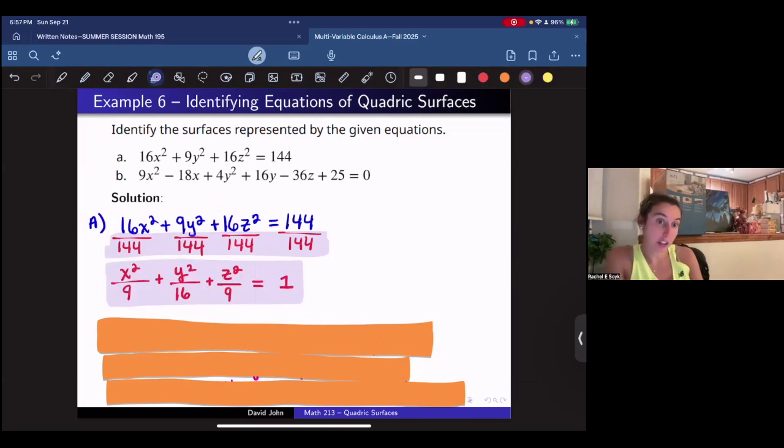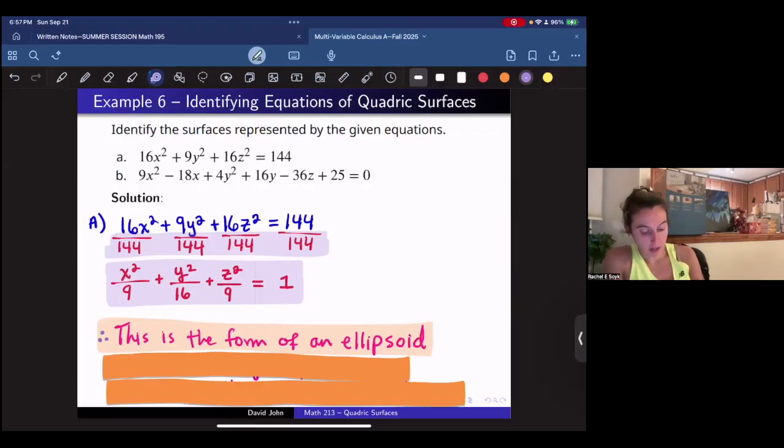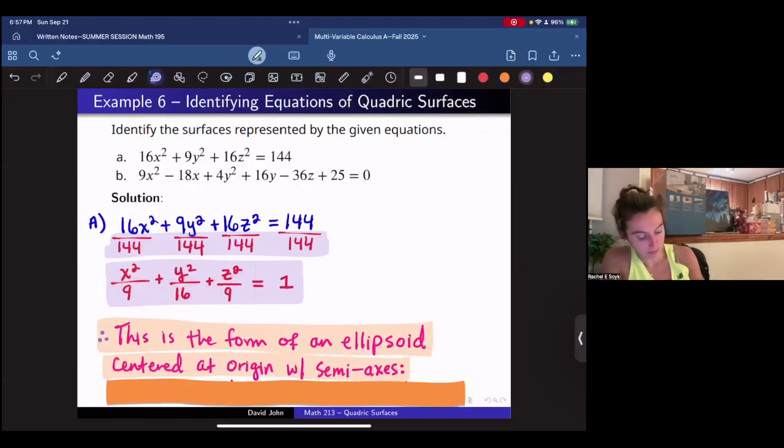And so you can very clearly see x squared over a squared plus y squared over b squared plus z squared over c squared is equal to 1. What does that give us? Our quadric surface is an ellipsoid. And so it's centered at our origin, and then our semi-axes are, well, we have square root of 9, so 3 in the x direction, 4 in the y direction, and 3 again in our z direction.